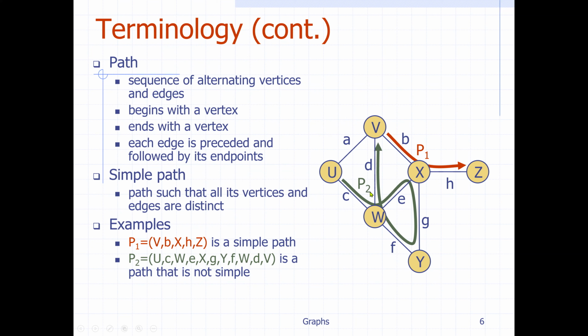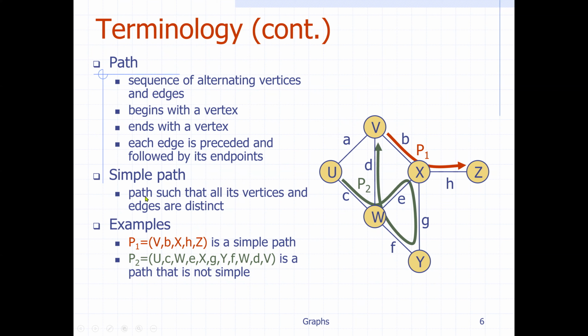Now we have P2. In P2, we go from U, edge C to W, then edge E to X, then edge G to Y. Then we come back to W, and we go through edge D and end up at V. So here we can see that we went through W twice, so it's not distinct.